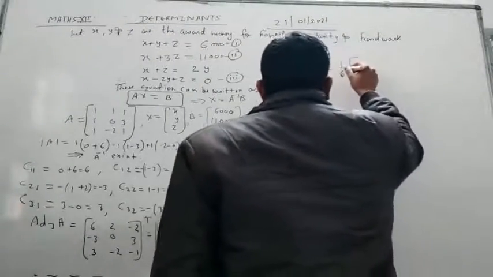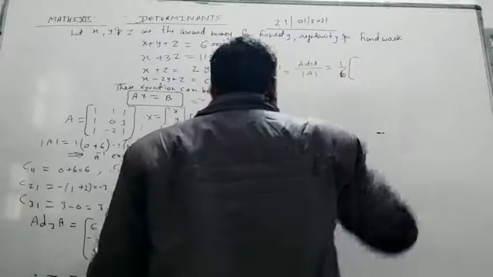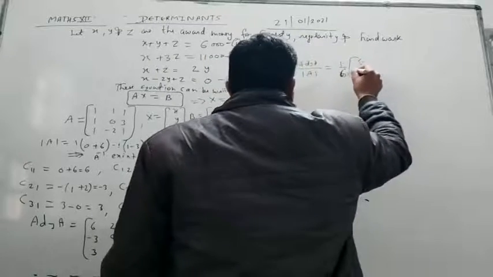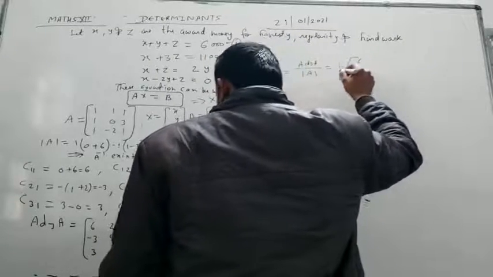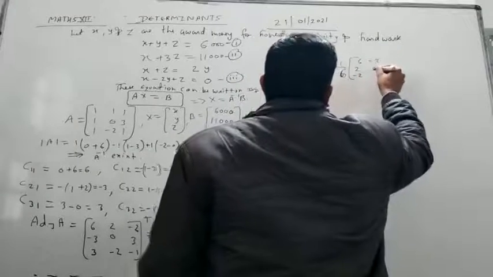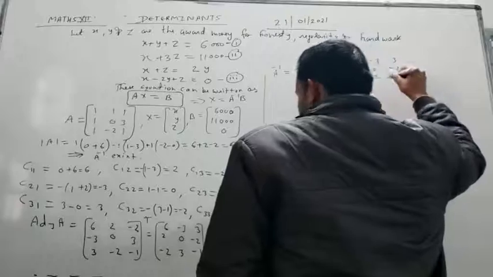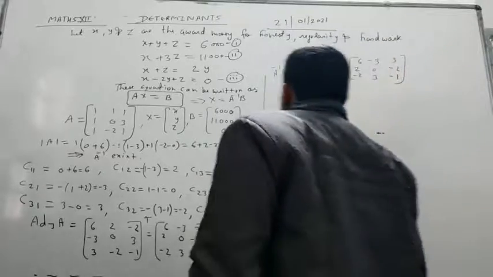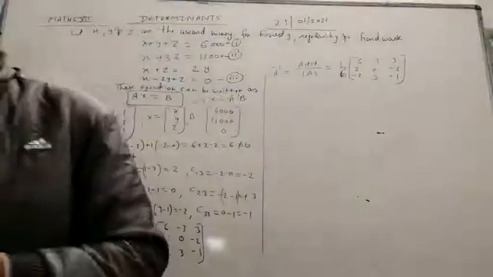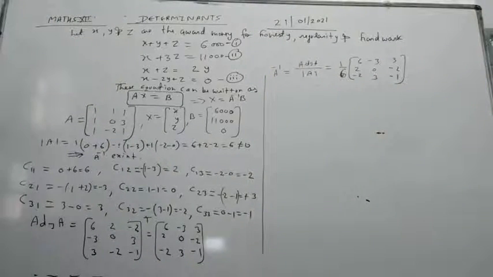And adjoint of A is, we have already calculated, 6, 2, minus 2, minus 3, 0, 3, 3, minus 2, minus 1. Okay student, so we have found our A inverse, which is 1 by 6 times 6, minus 3, 3, 2, 0, minus 2, minus 2, 3, minus 1.